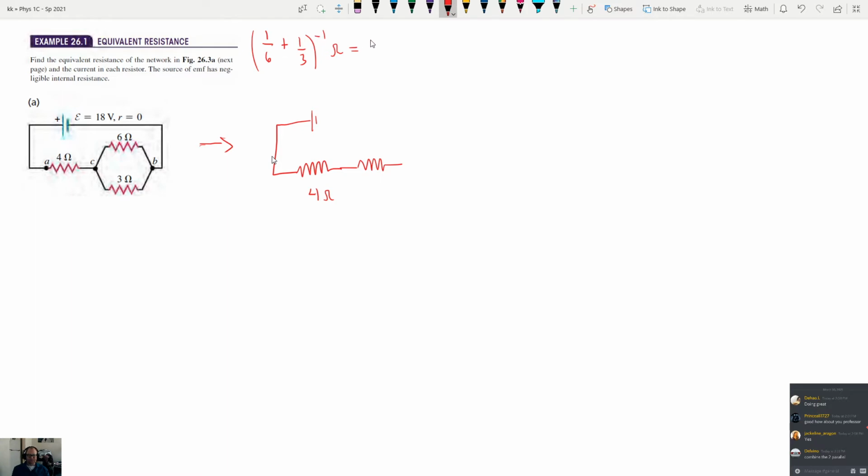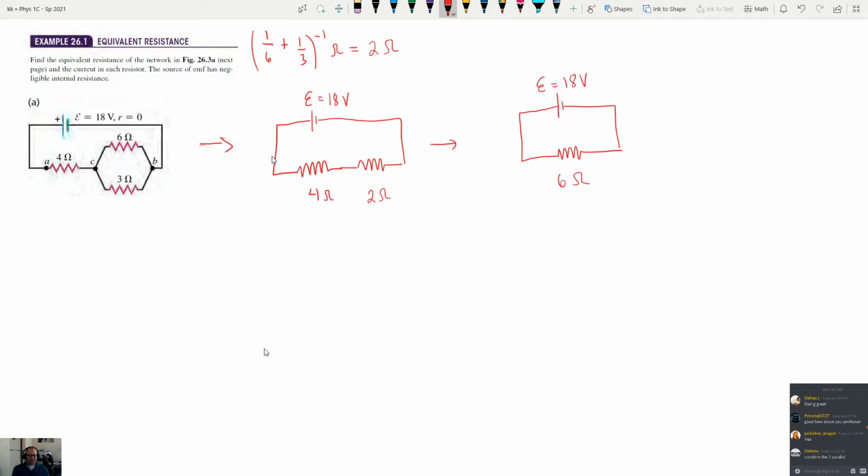You invert it, you get 6 over 3, which is 2. So this one's 2 ohms. And then we can reduce these two down because they're in series. This is a really, really simple problem. So 4 and 2, we just add them together because they're in series, and you get 6 ohms here. The EMF is equal to 18 volts.